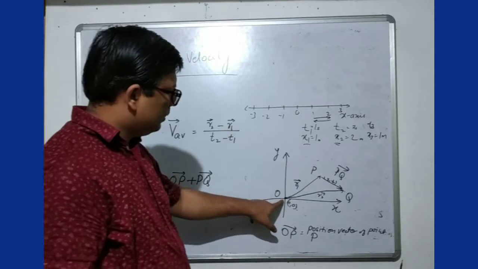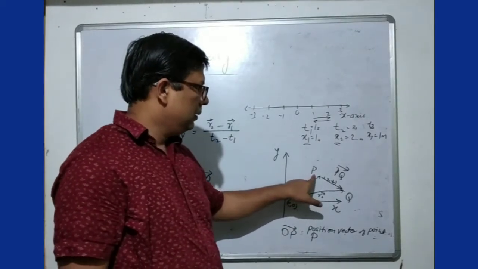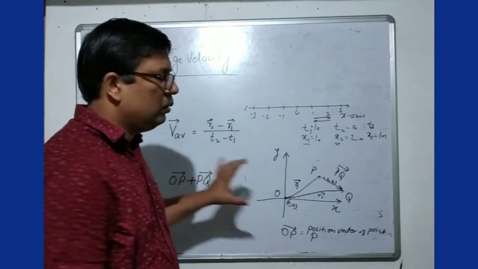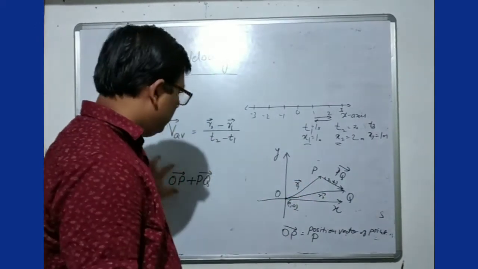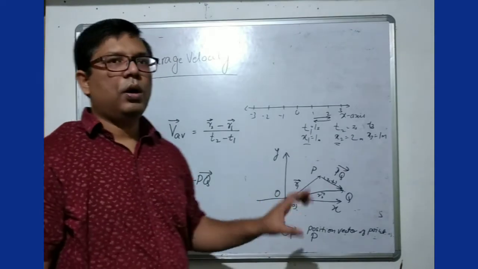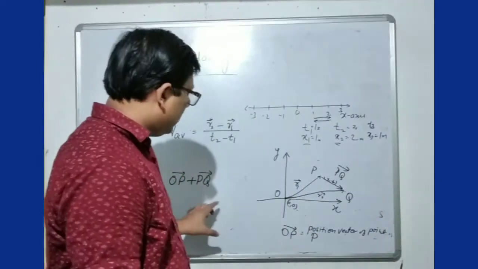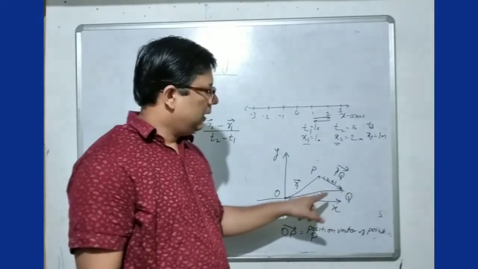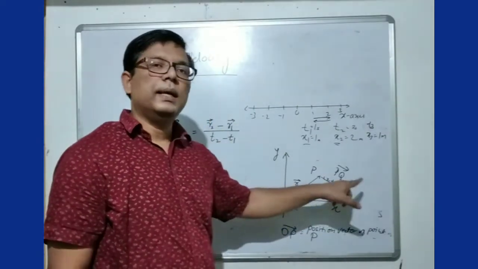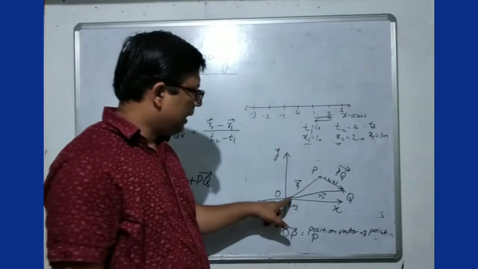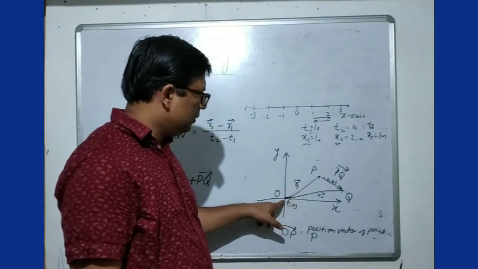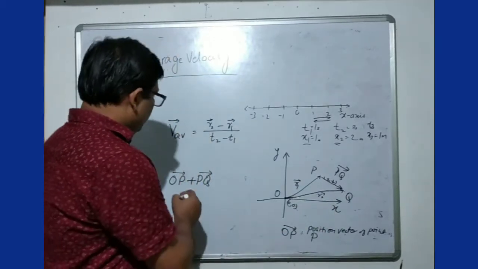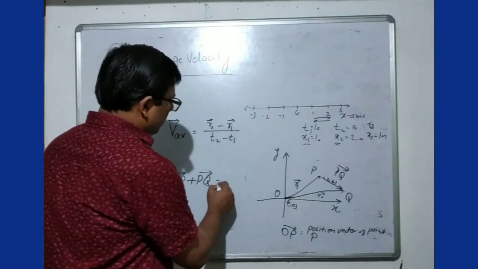See, this is the tail, this is the head, this is the tail, this is the head. We have two vectors and we want to add them. In this condition, we have to draw a line starting from the tail of the first vector and ending with the head of the second vector. So OP plus PQ will be OQ.